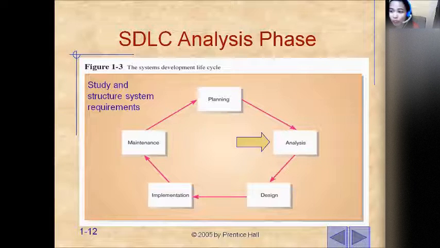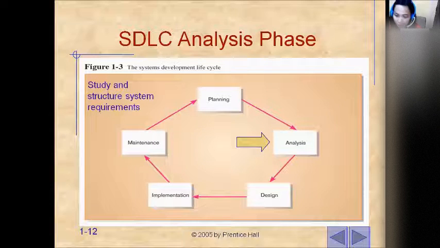For example, do I have to generate reports for every 15th and 30th? Do I have to generate a report for the statutory benefits? Do I have to generate a payslip for every single employee? Those are examples of studying and structuring system requirements.